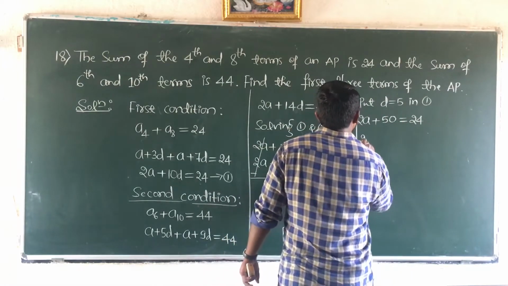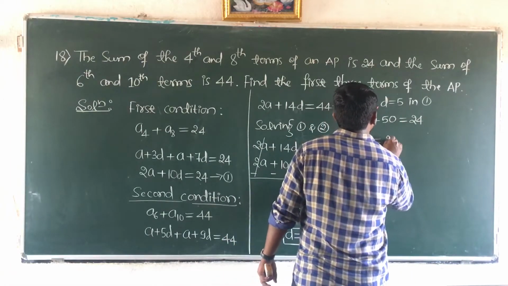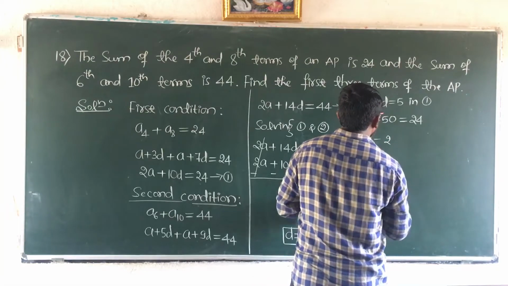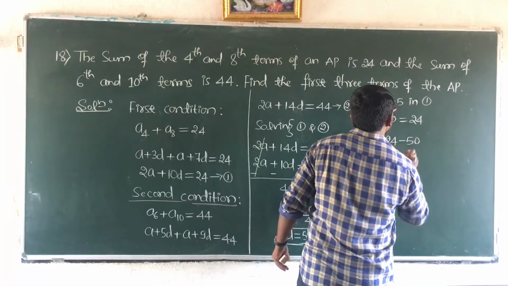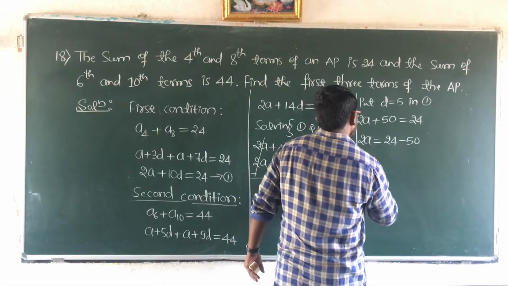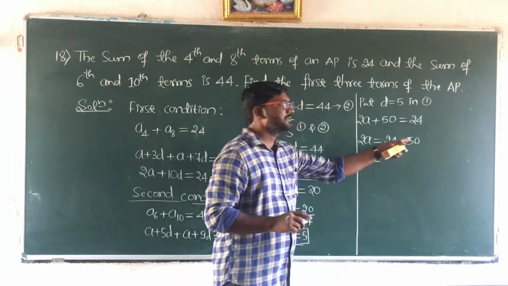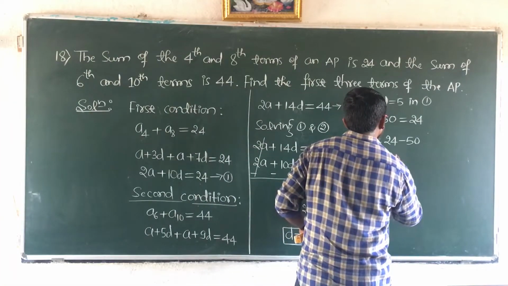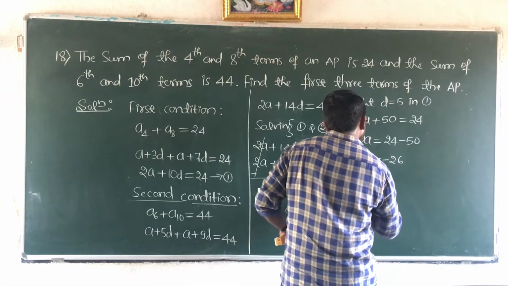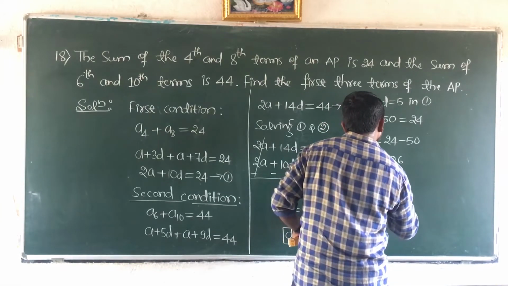So 2A is equal to 24 minus 50, which gives us minus 26. Then A is equal to minus 13.